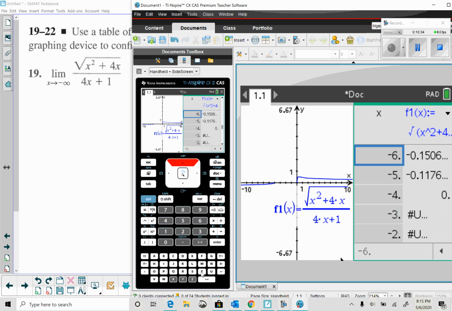Then negative 1.6, 1.8, 1.9, negative 2.1, 2.2, 2.3, 2.4. And you notice every time I'm hitting the button here, that digit in the tenths place has stopped changing.